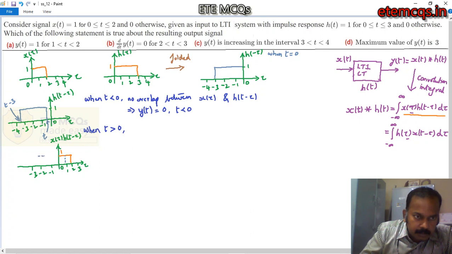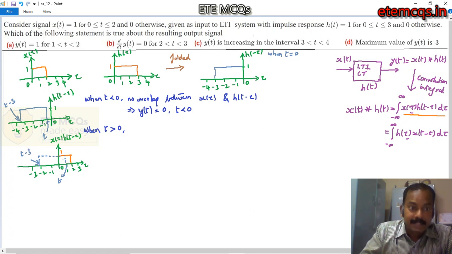This orange line refers to x of tau and this blue refers to h of t minus tau. This point is your t, which means that t is somewhere between 0 and 2, and this one refers to t minus 3 again.